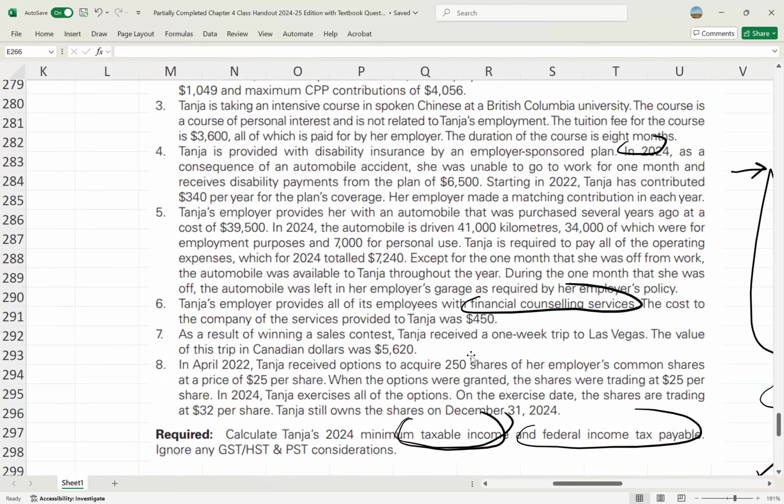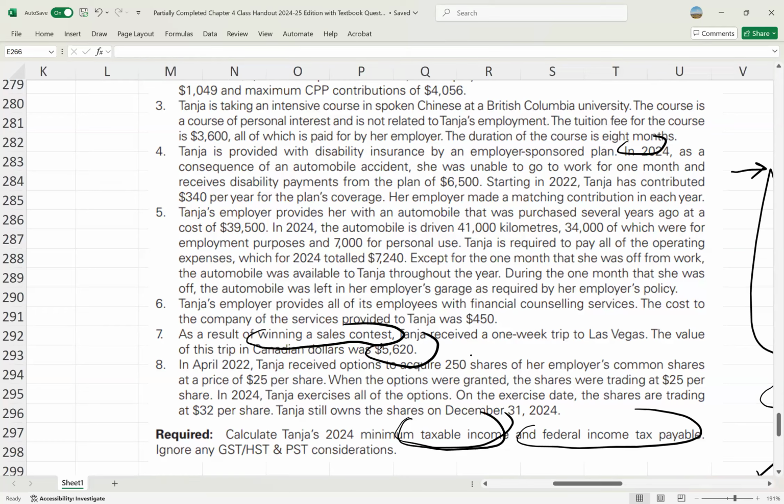Moving on to number 7. As a result of winning a sales contest, Tanya gets a 1-week vacation to Las Vegas, and the value was $5,620. Now, this relates to what we talked about in Chapter 3, 2 weeks ago. We talked about rewards, awards, long-term service, and we said that there's that $500 non-cash award limit that would not be subject to tax.